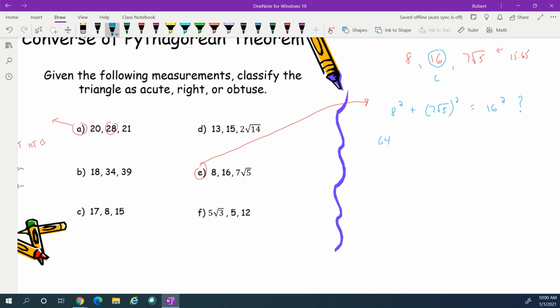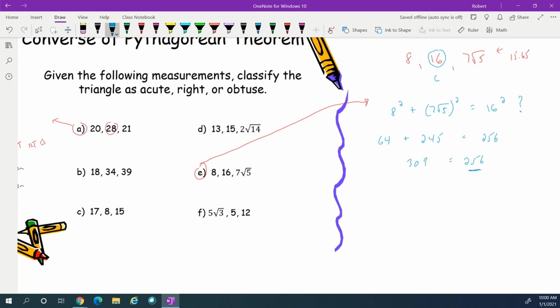So we have 64, 7 square root 5 squared, following up on our work from before, that's 245, and 16 squared is 256. So we have 245 plus our 64, 309, 256.